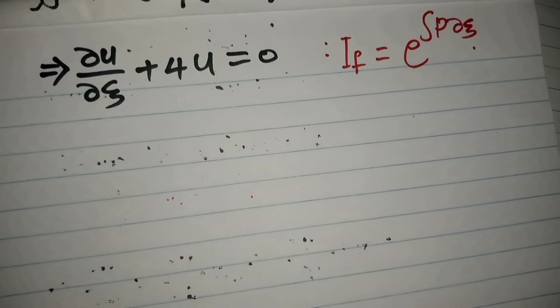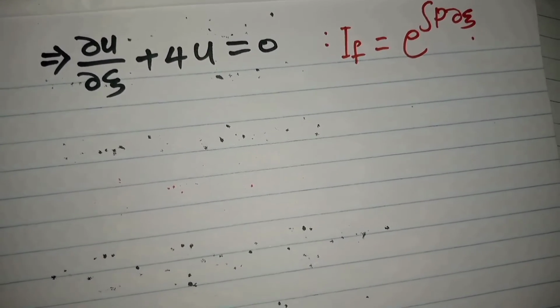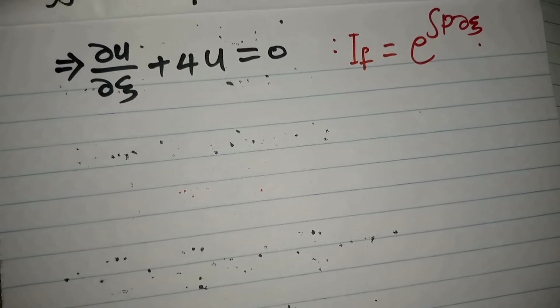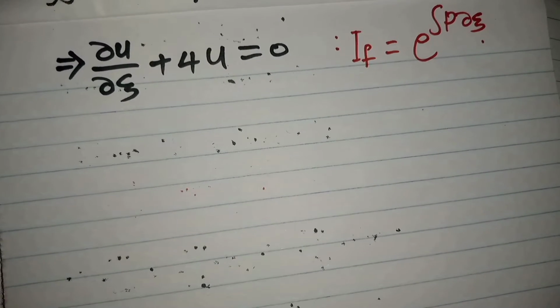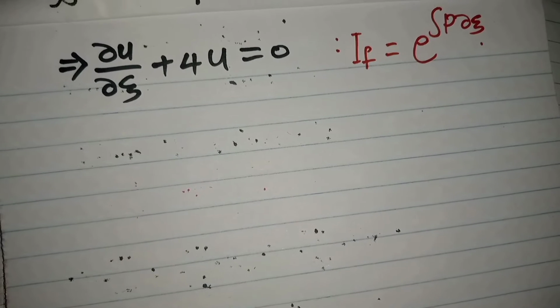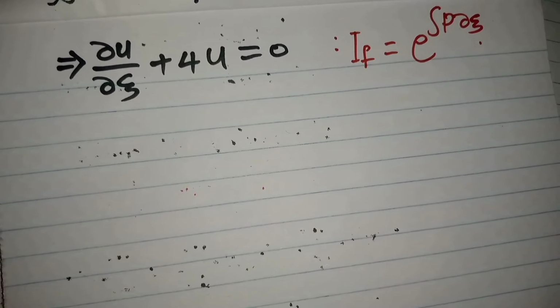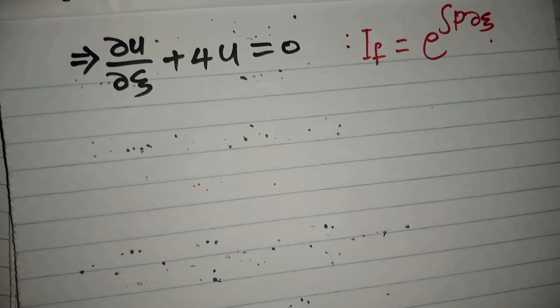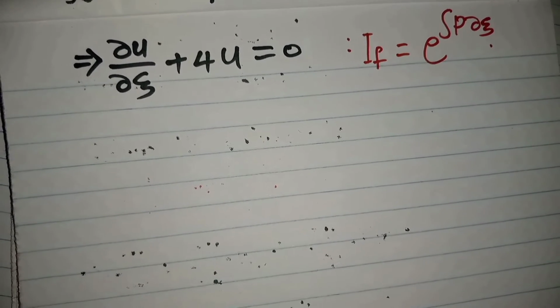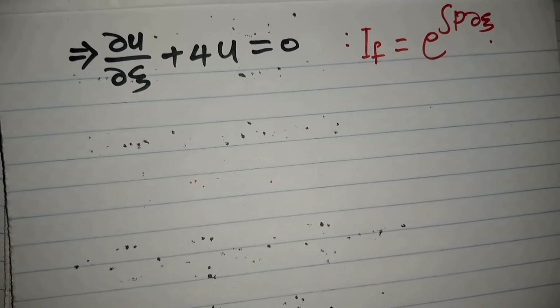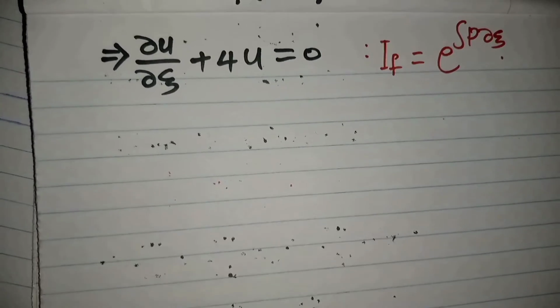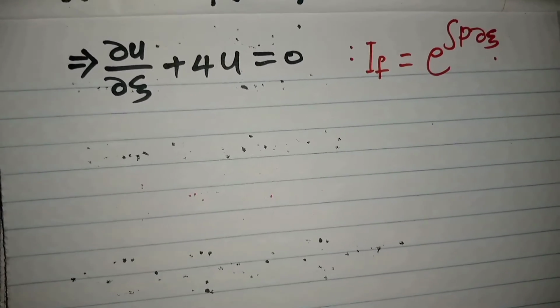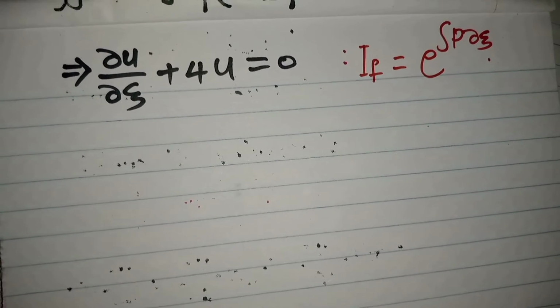Then, with this canonical form of our PDE, that is the partial of u with respect to xi plus 4u equals 0, we are going to find the value of u by integrating the function. We integrate this function by use of the method of the integrating factor.